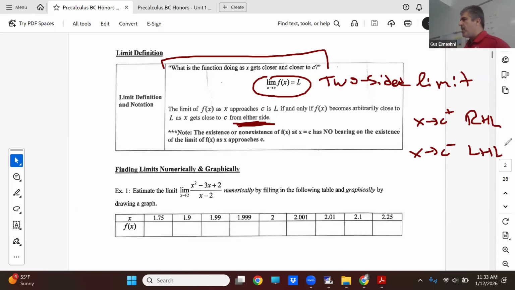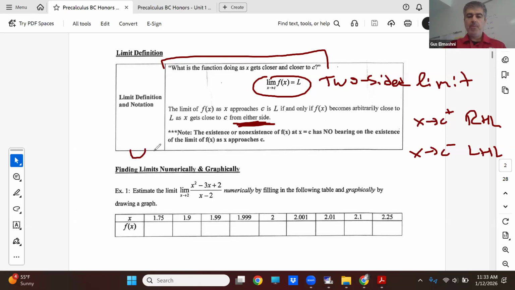I think we already started talking about this notation last week, the c plus and the c minus, or the plus and minus as a superscript. So you're approaching c from the right side or c from the left side. And the hope is that they eventually converge at a certain place. We'll actually see that for example one. And the existence or non-existence of f of x at x equals c is not relevant. We don't care about that.